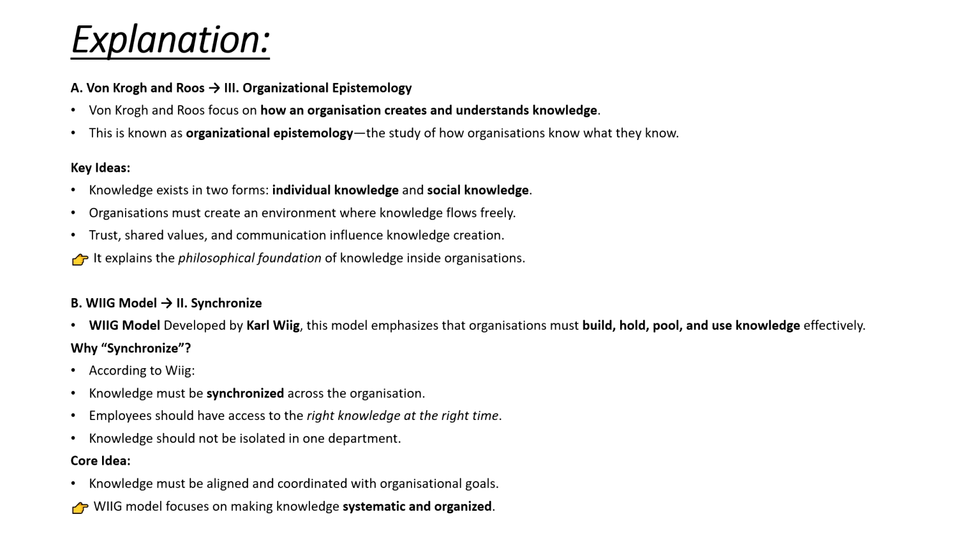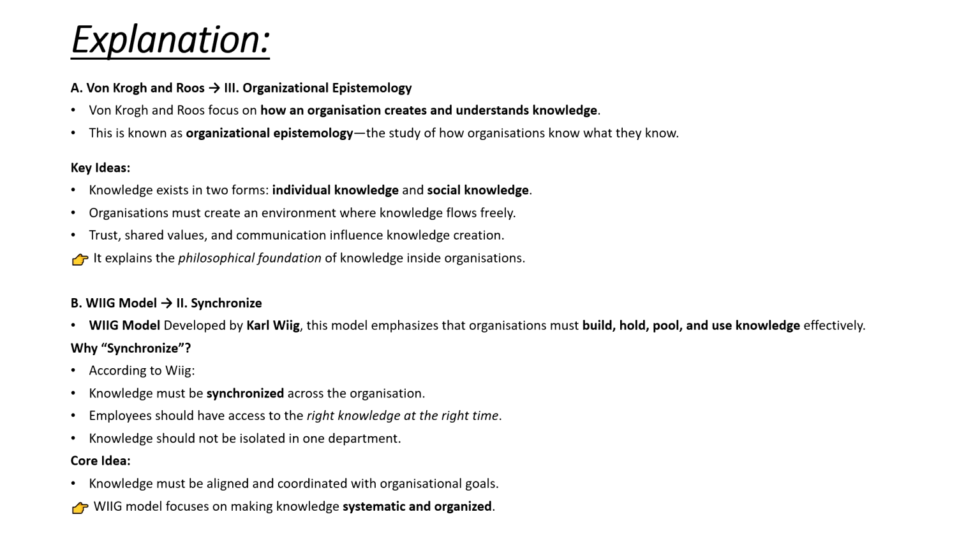Organizations must create an environment where knowledge flows freely. Trust, shared values, and communication influence knowledge creation. It explains the philosophical foundation of knowledge inside organizations. So that's why Von Krogh and Roos model is related to organizational epistemology approach.